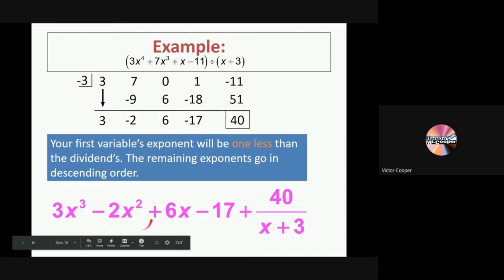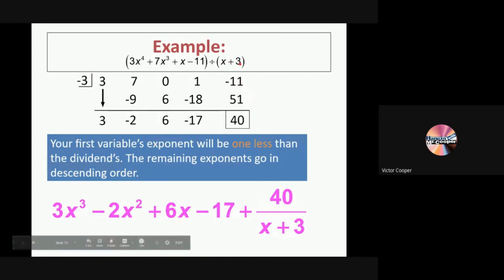Remember, we did not have a squared term originally, but we have a squared term in our answer. Okay. Plus 6x minus 17, and our remainder, 40, this last number here, over, what did we divide by in the first place? X plus 3.